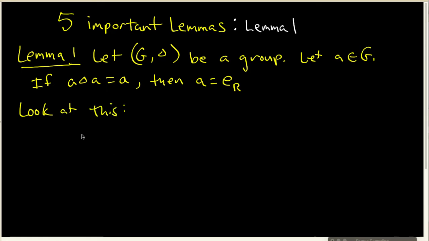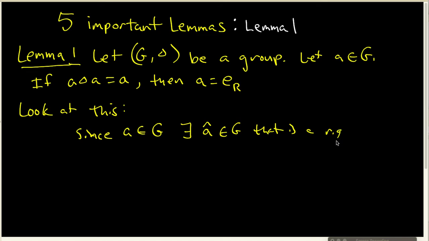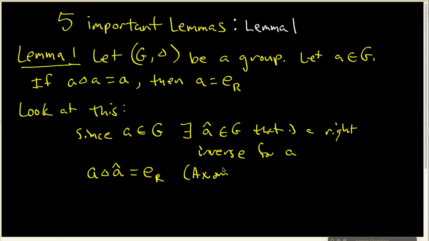We know that since A belongs to G, there exists somebody that I will call A hat in G that is a right inverse for A. In other words, I already know that by axiom 4, there is an A hat such that A triangled with A hat is equal to ER. That is axiom 4.